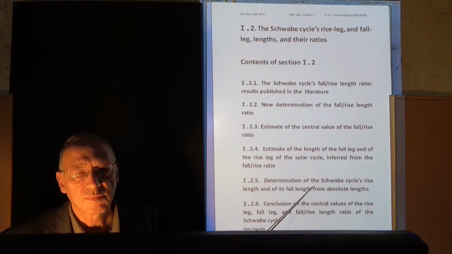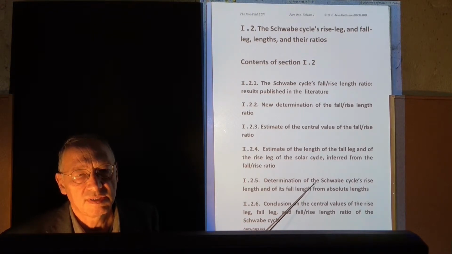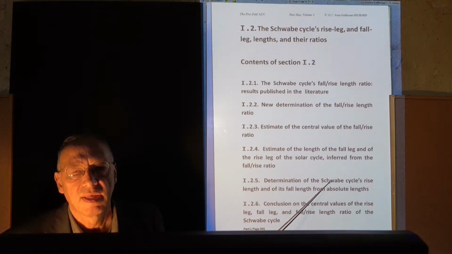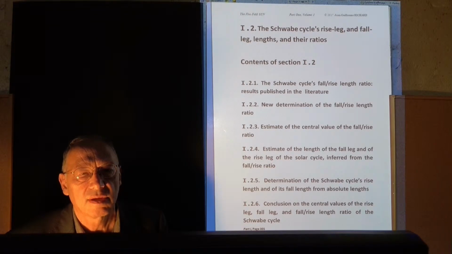In the second procedure, instead, we will use in each individual cycle the length of the rise leg and compare it with the length of the fall leg in absolute terms, and arrive for each individual cycle at an individual fall over rise ratio. Which then will allow, from the several individual ratios, to arrive at a central value for this ratio.